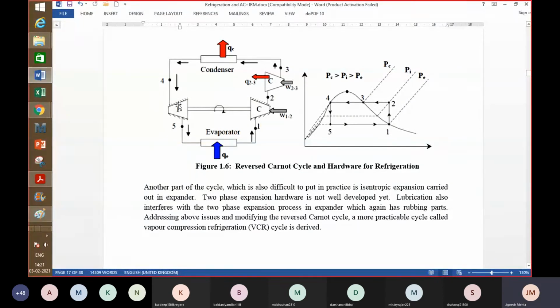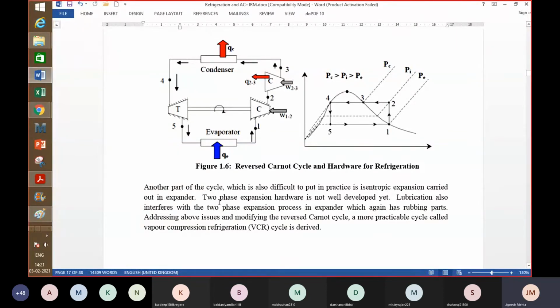So some net work is produced by this which is fed to this. So you need to provide remaining work in this compressor, so that the work that you need to provide here gets reduced.